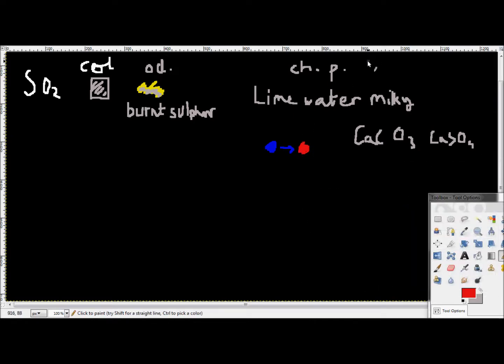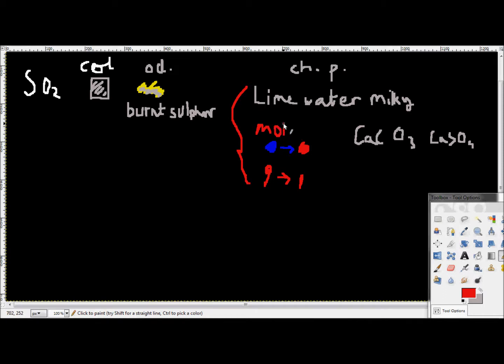Another property of this is it extinguishes a glowing splinter. So from these two properties, and also extinguishes a glowing splinter, you can see that so far it is exactly the same as CO2. Also one more thing, I think I've been forgetting this.